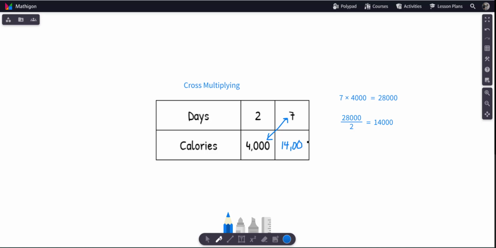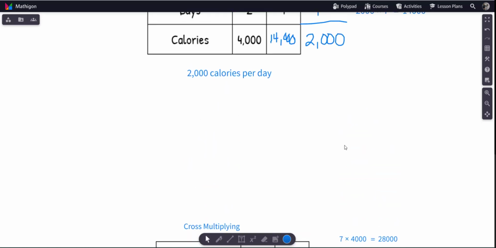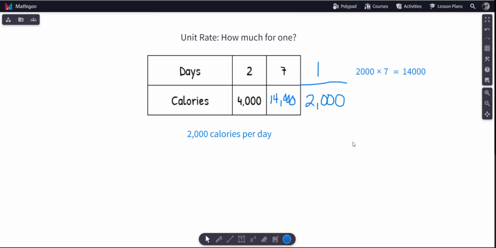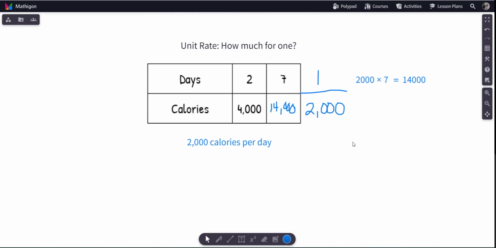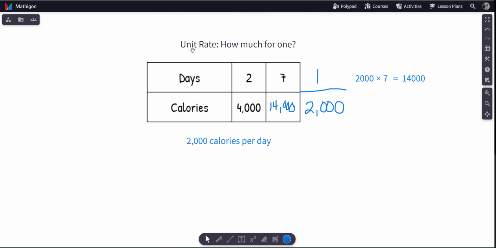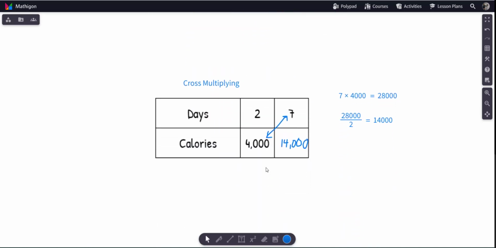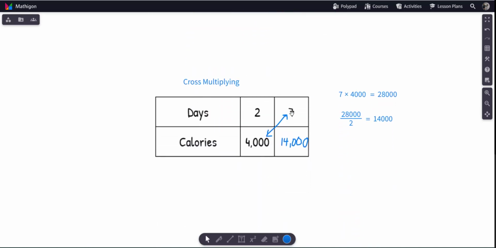And that's the same number we got above with Kashan's method, right? There's 14,000. So seems like it's right? Kashan's method worked with the unit rate, and then we have this method of cross-multiplying, multiplying diagonally, and then dividing by this number to get that number.